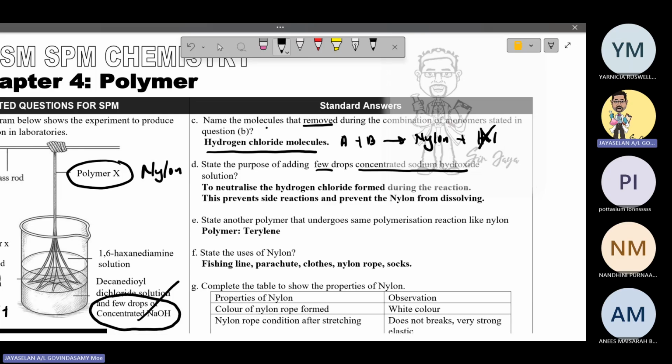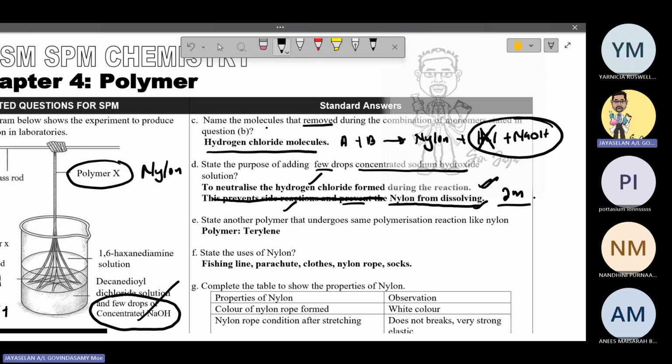We don't want this, so we add sodium hydroxide to neutralize it. To neutralize the hydrogen chloride formed during the reaction, which will prevent nylon from dissolving. You don't need to write all that, just write this point. So you already scored 2 marks. Any question?